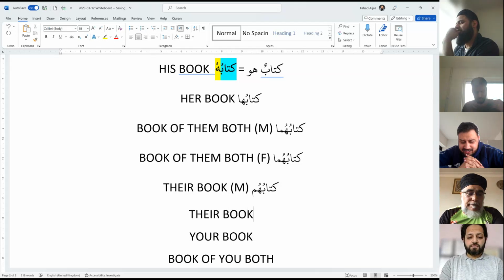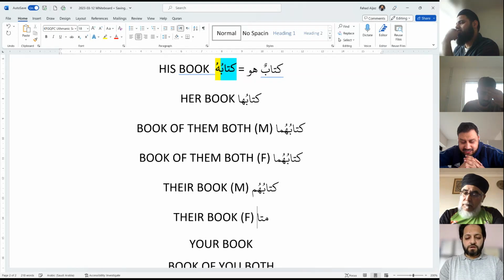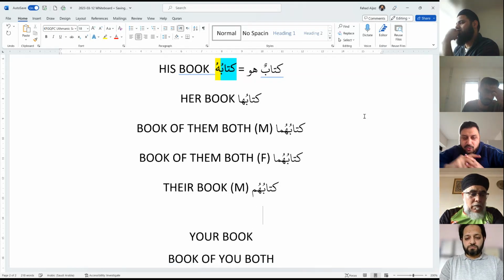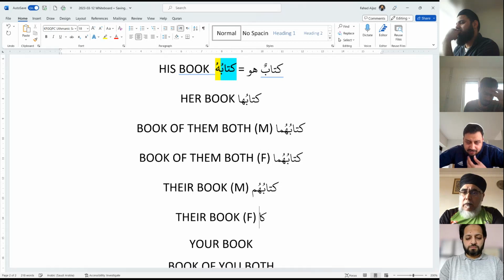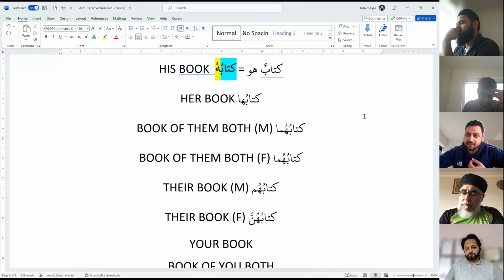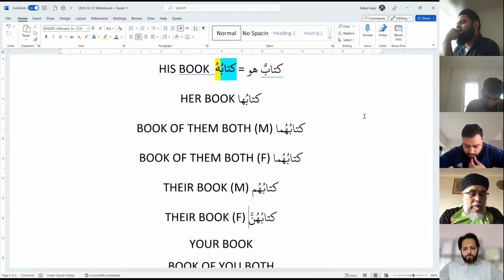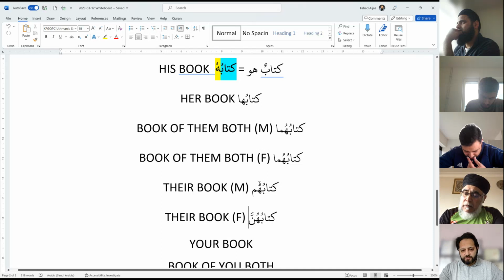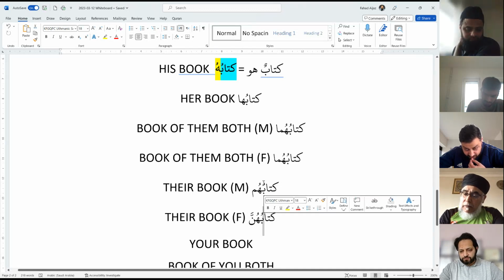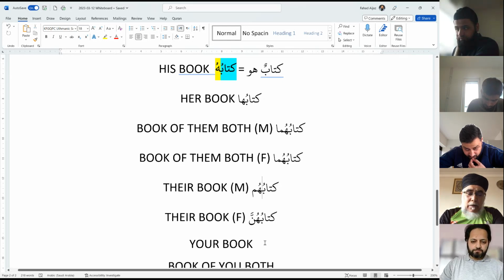So their book, feminine, is going to be kitabu and then hunna. Kitabuhunna. Their book. Okay. And again, reminding you again and again, it's hum and hunna because you have hu before. Right?